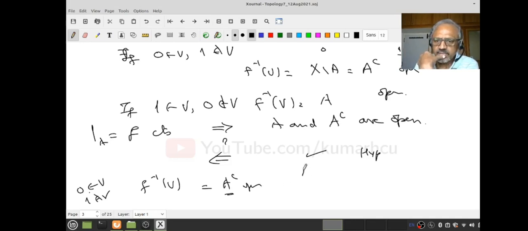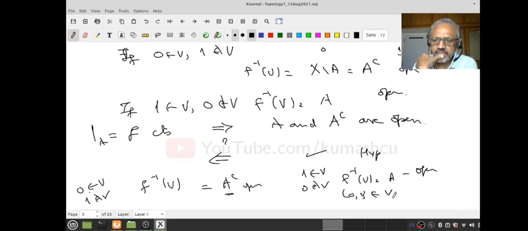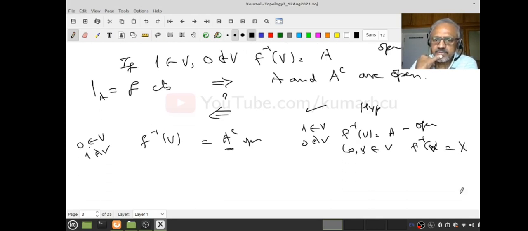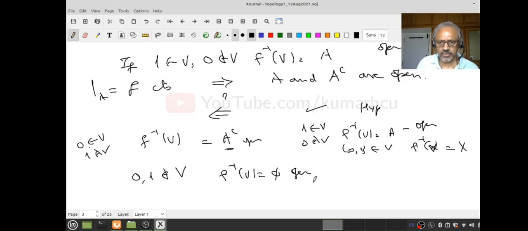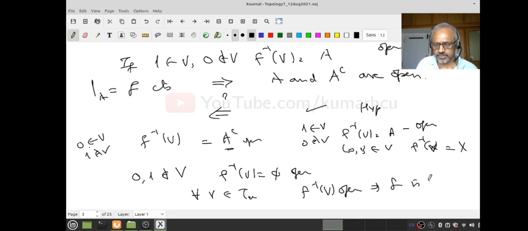If 1 belongs to V and 0 is not in V, then F inverse of V is A, and this is also given to be open. Suppose both belong to V, then F inverse of V is all of X. And what is the left out case? Suppose neither 0 nor 1 is in V, then F inverse of V is the empty set, which is also open. So what I have shown is that for every V open in the usual topology, F inverse of V is open. That means F is continuous.